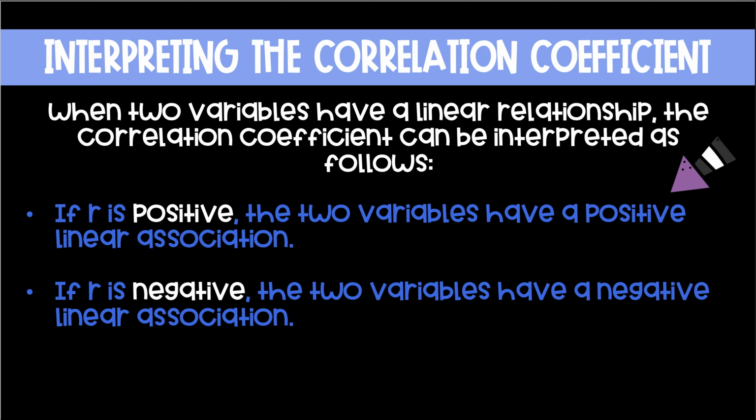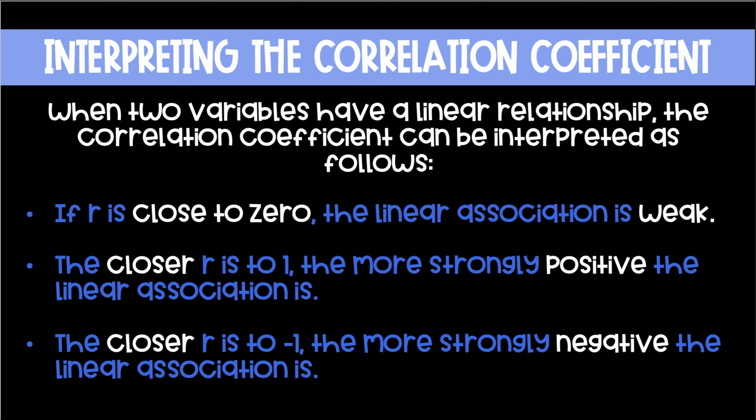If R is negative, then the variables have a negative linear association. And the closer your value is to 0, the weaker your linear association is. The closer your R correlation coefficient is to 1, the stronger your linear association is.